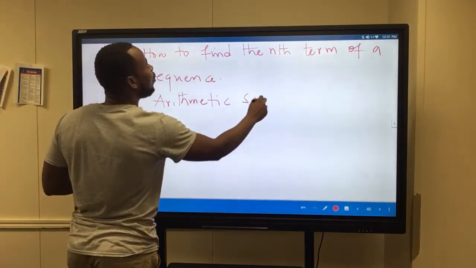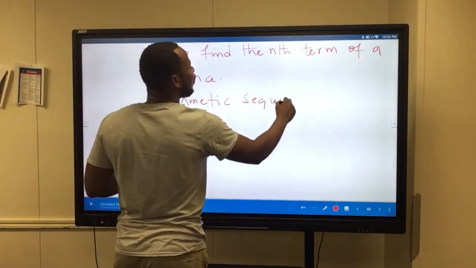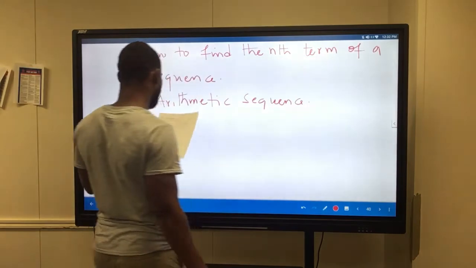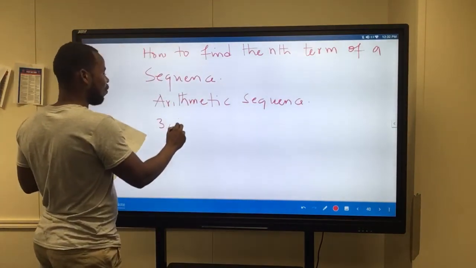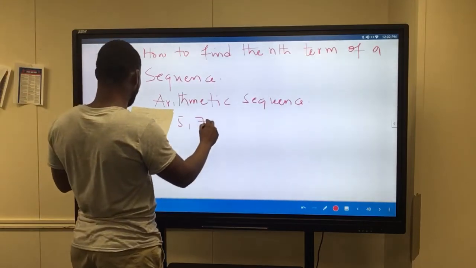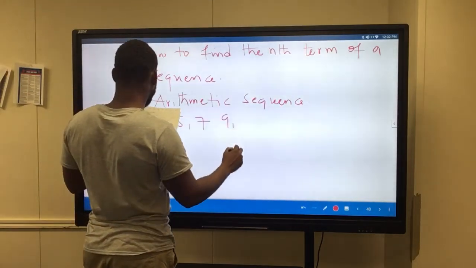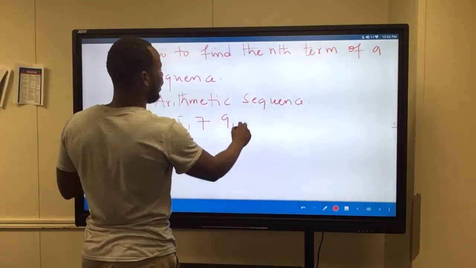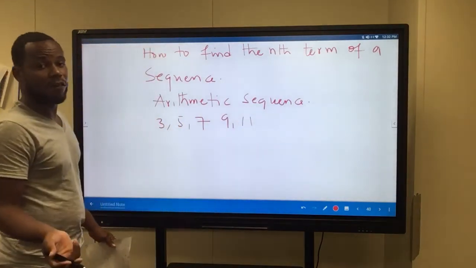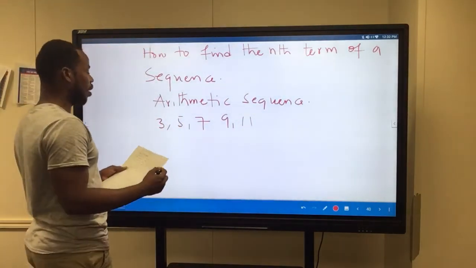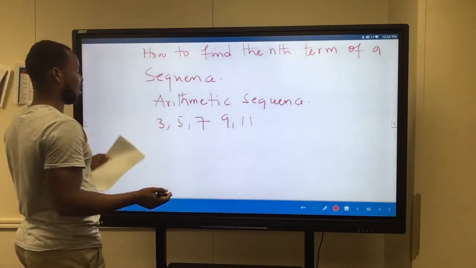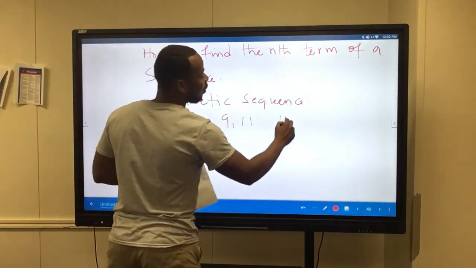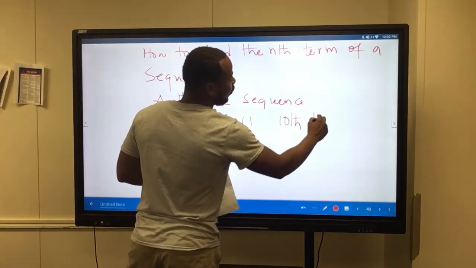Assuming I have 3, 5, 7, 9, and 11, what is the formula for finding the nth term? Assuming they ask me to find the 10th term, I want the 10th term of this sequence.